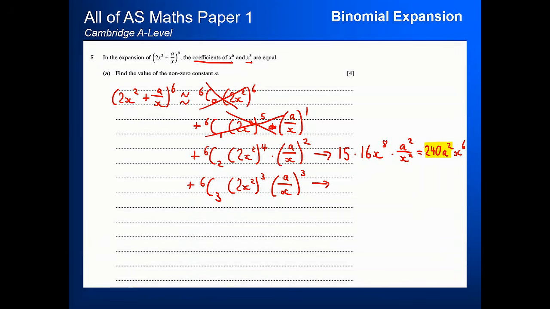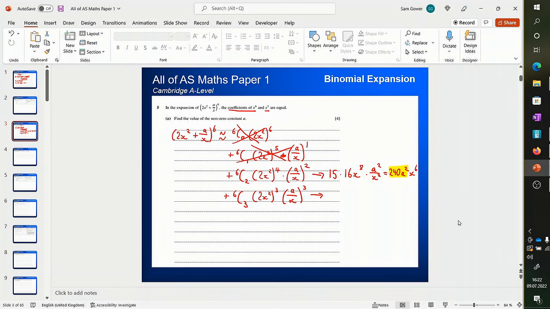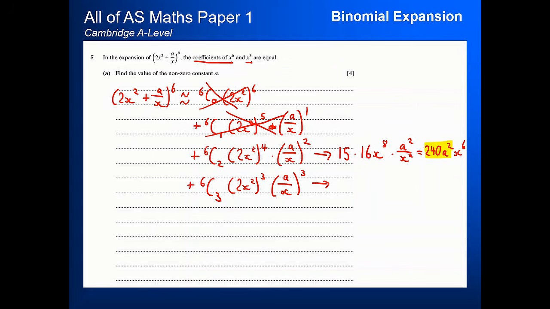Now let's look at this other term. 6 choose 3, we're going to go back to the calculator and work it out. So 6 choose 3 is equal to 20. 20 multiplied by 2 cubed, which is equal to 8, so we get 8x to the power of 6.